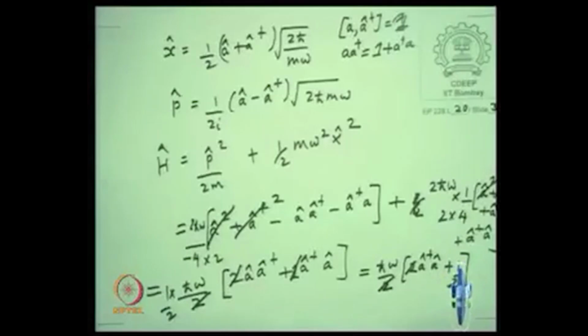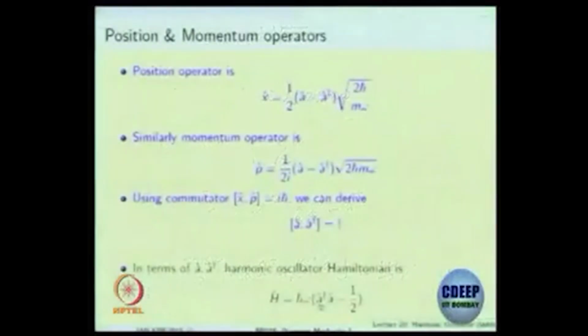Clear? So the Hamiltonian finally turns out, after the simplification, to be, it has to be in units of h cross omega, that's also a check: dimensions of Hamiltonian, multiplied by dimensionless operators.